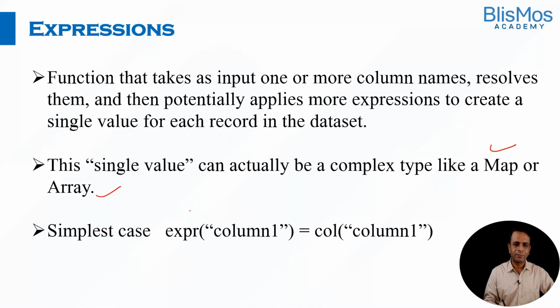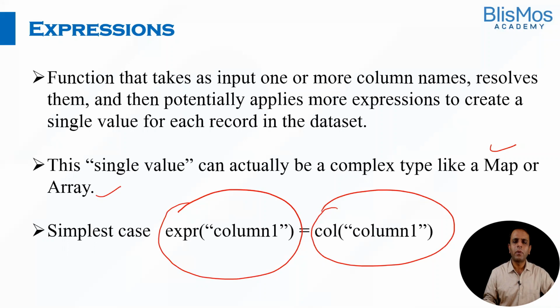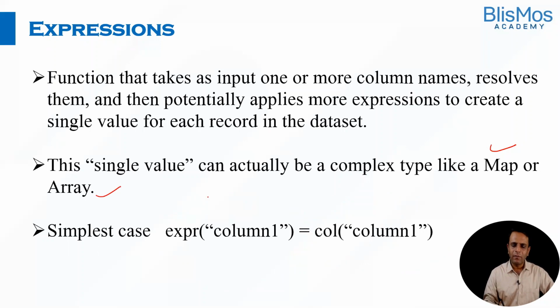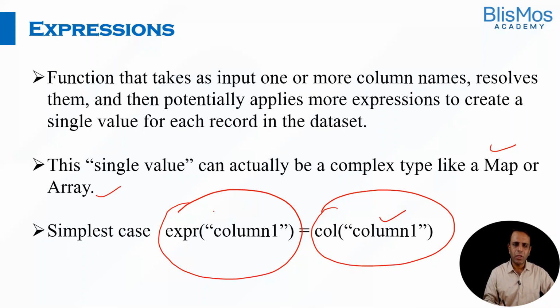If you look at this example, we are seeing an expression of a column 1 can be referred as a column 1. For example, what we are trying to do here is column 1 is the column which we are referring to, and the way we are referring to that is expression of a column 1 is equivalent to col of a column 1.